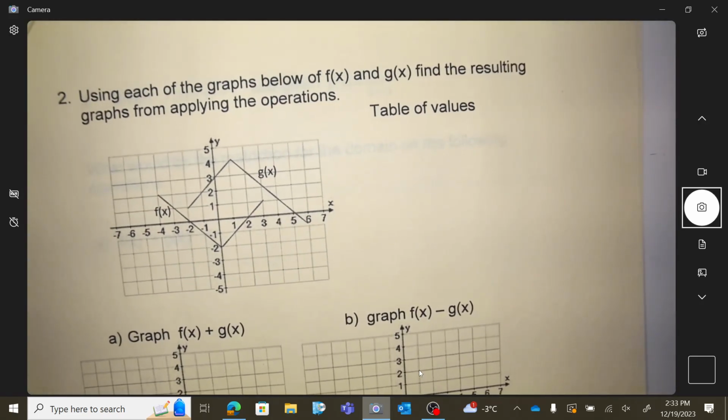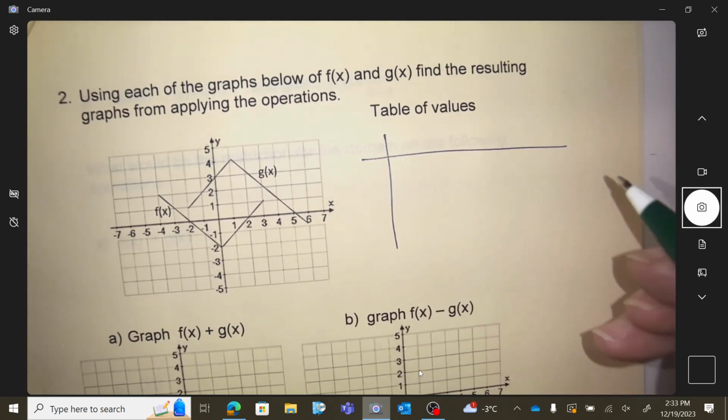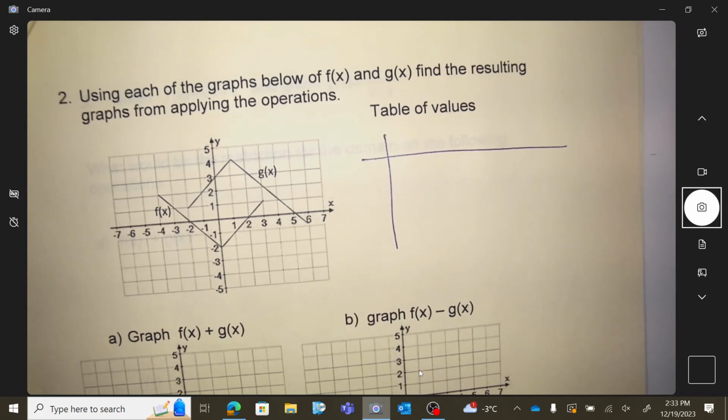Okay, so if I give you a graph and you have to graph, you should do a system that has a table of values.